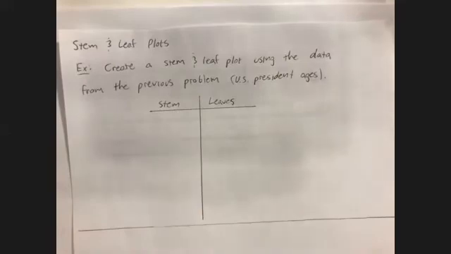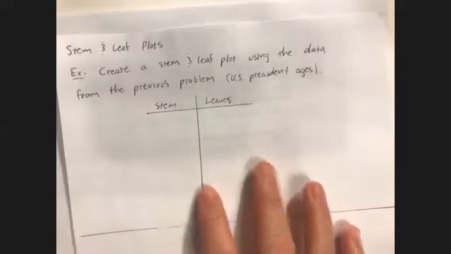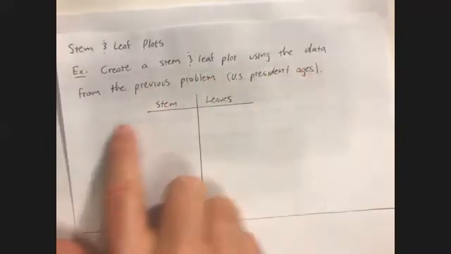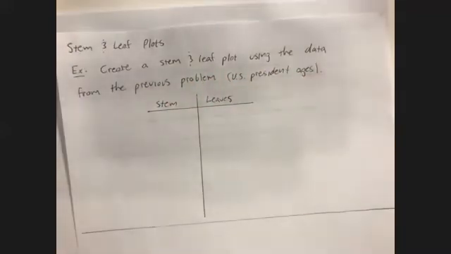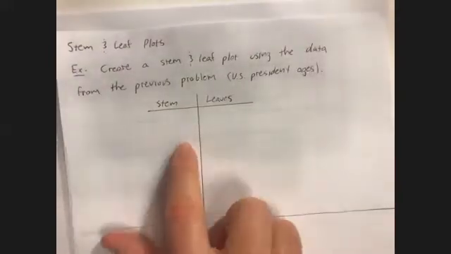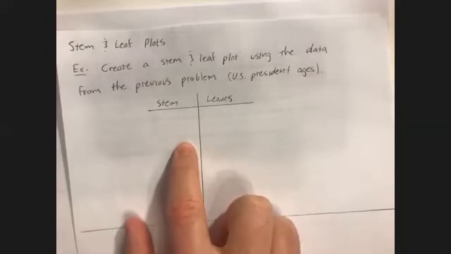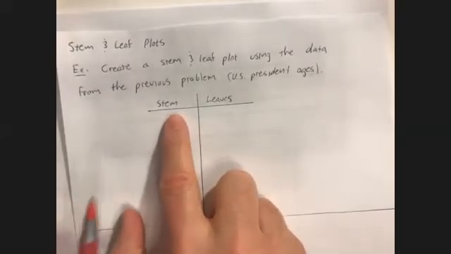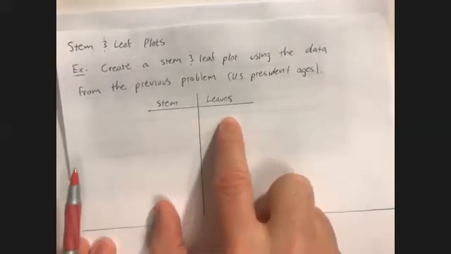Let's finish this. So here's what we want to do. We want to create a stem and leaf plot, and I'm going to use that set of data from earlier because it's already here. And as I work through this one, I'll show you how to do the stem and leaf. In fact, it's titled Stem and Leaves.